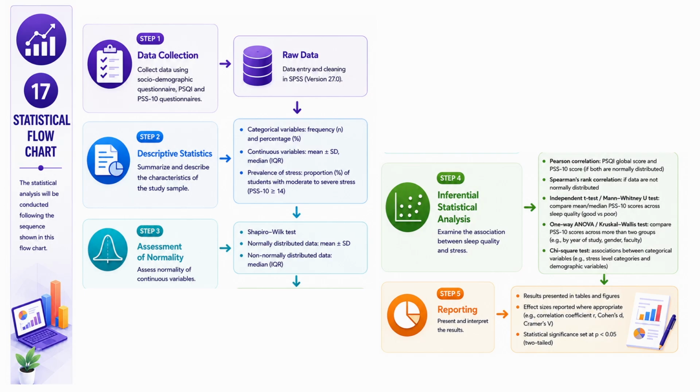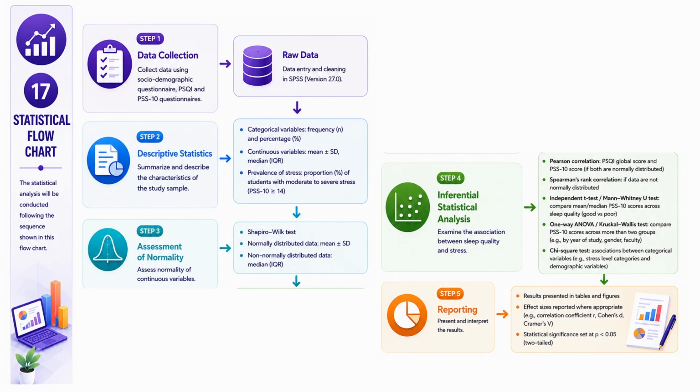Independent t-test or Mann-Whitney U-test will be used to compare the mean or median across sleep quality categories. One-way ANOVA or Kruskal-Wallis test will be used to compare the stress score in more than 2 categories.